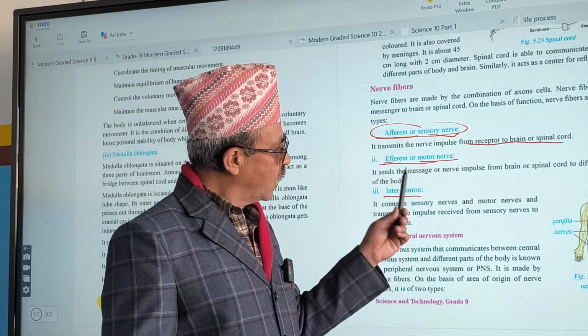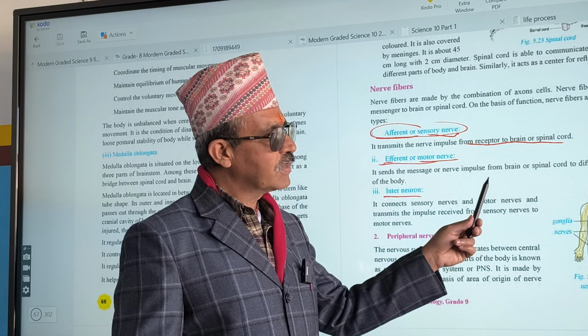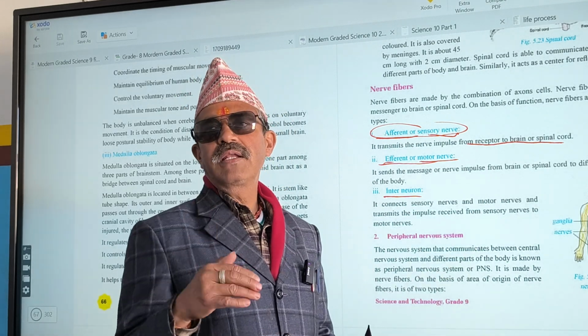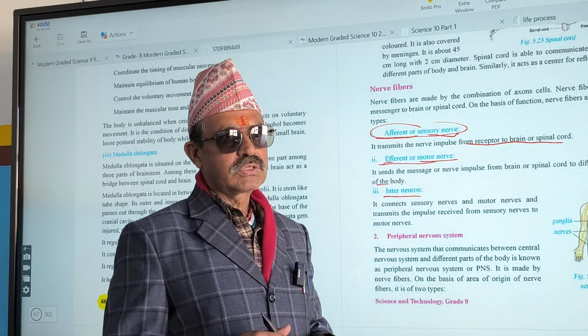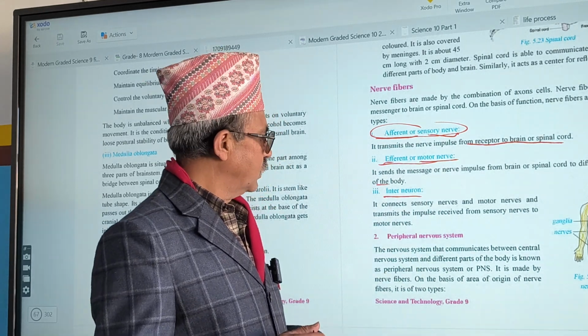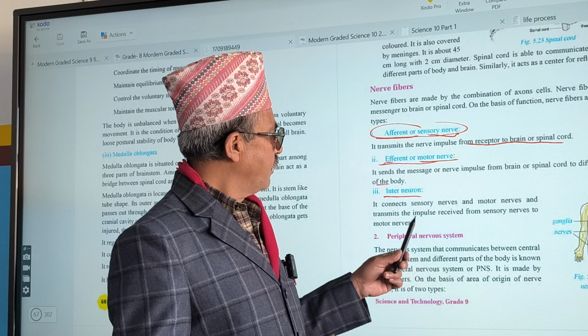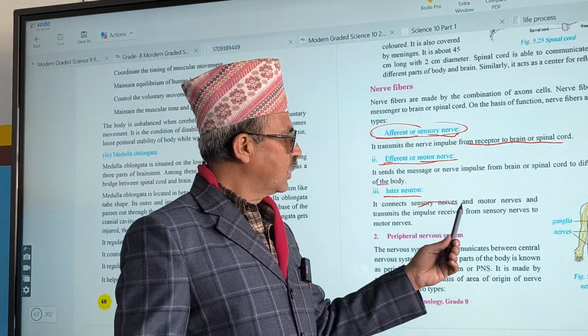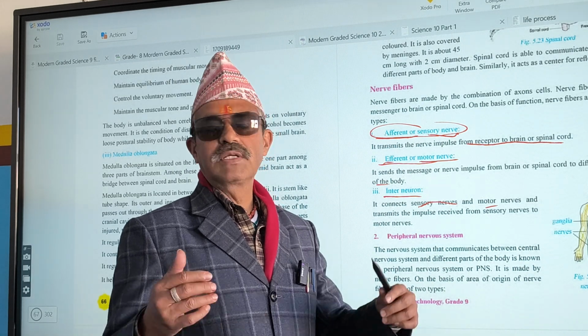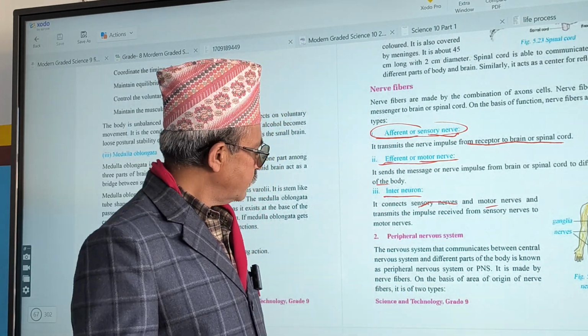It is the nerve that carries impulses or order from brain and spinal cord to effectors. And interneuron, that is the link between sensory nerve and motor nerve. It joins between them.